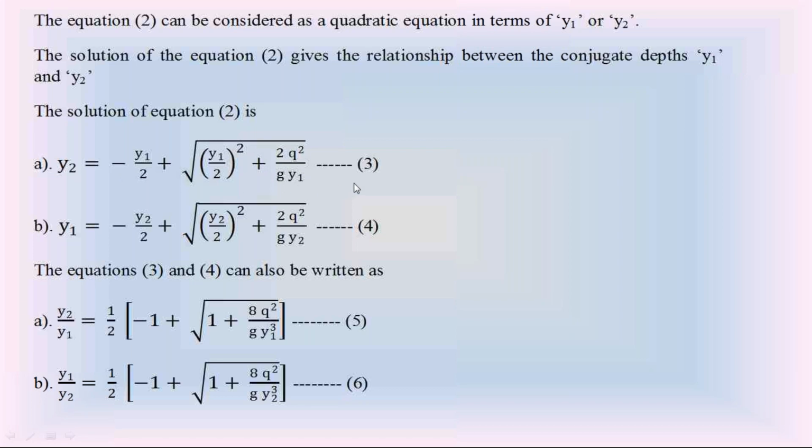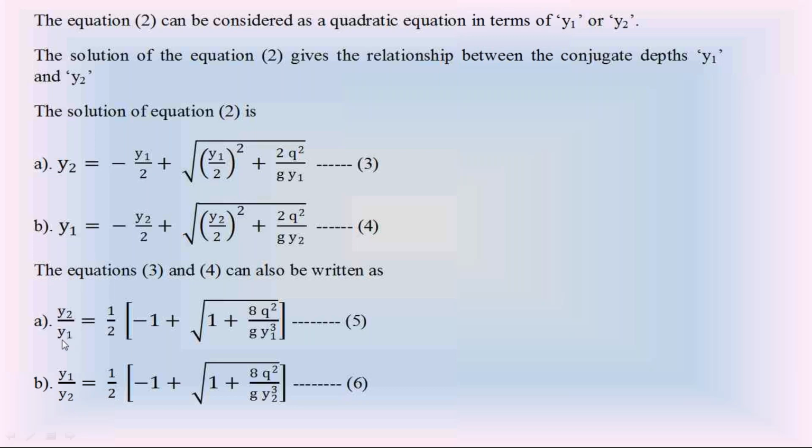So in this third equation, take y1 by 2 common. So y2 is equal to y1 by 2 into minus 1 plus root of 1 plus 8q square by z y1 cube. Then bring that y1 on the right side to the left side. First y1 by 2 is taken as common on the right side, then bring that y1 to the left hand side.